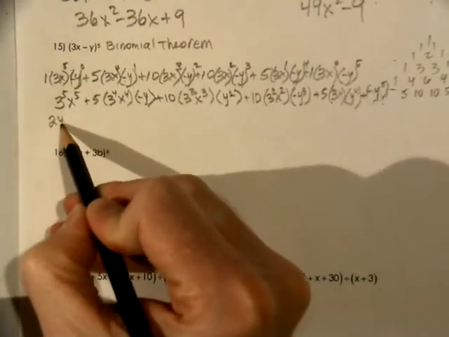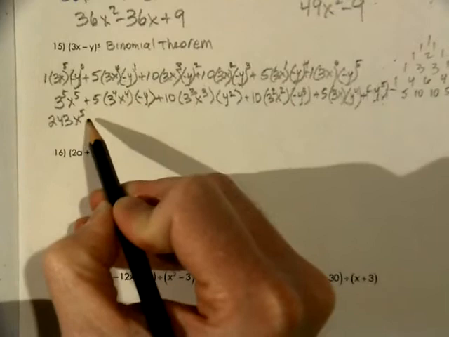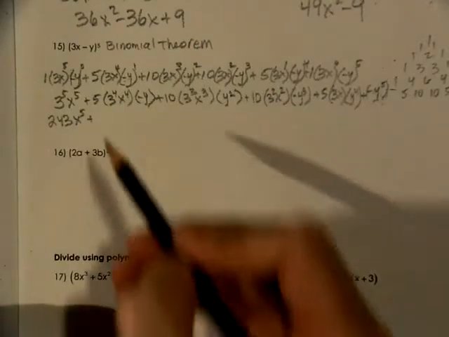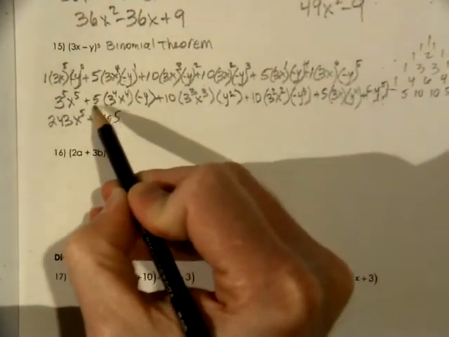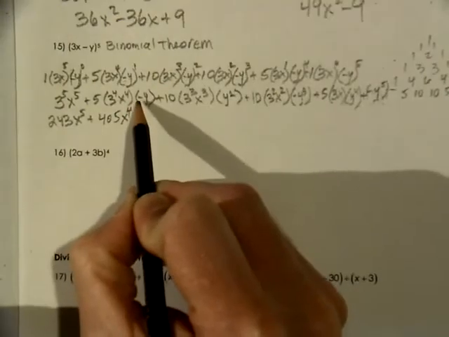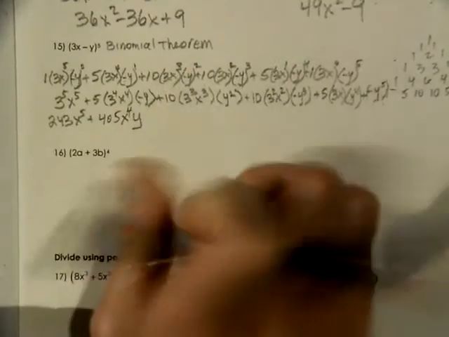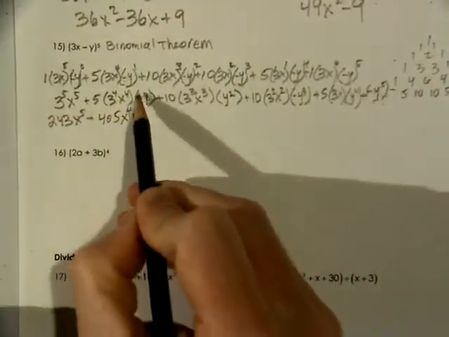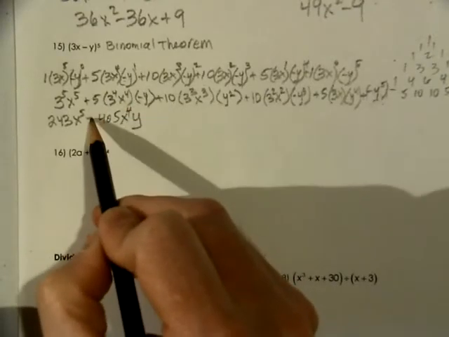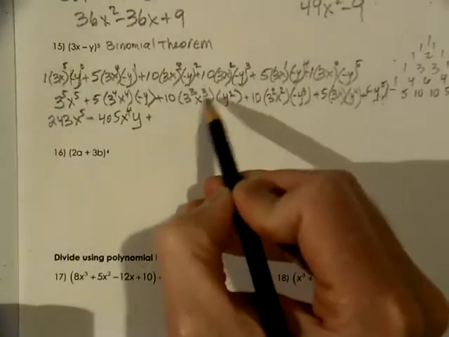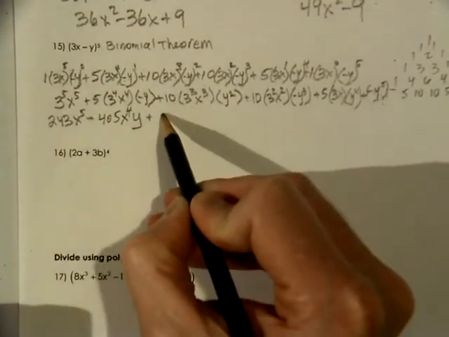Now we get 243 x to the 5th. We're going to get 3 to the 4th power, and that's going to be multiplied by 5 to give us 405 x to the 4th. Now this is a negative y, so the negative can be put in front of the 105. It's like a negative 1, and negative 1 times 5 is negative. So here we have 9 times 10.